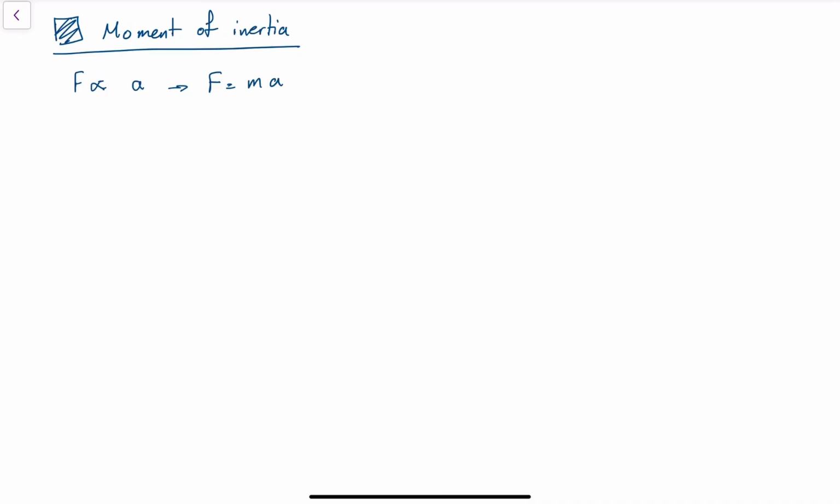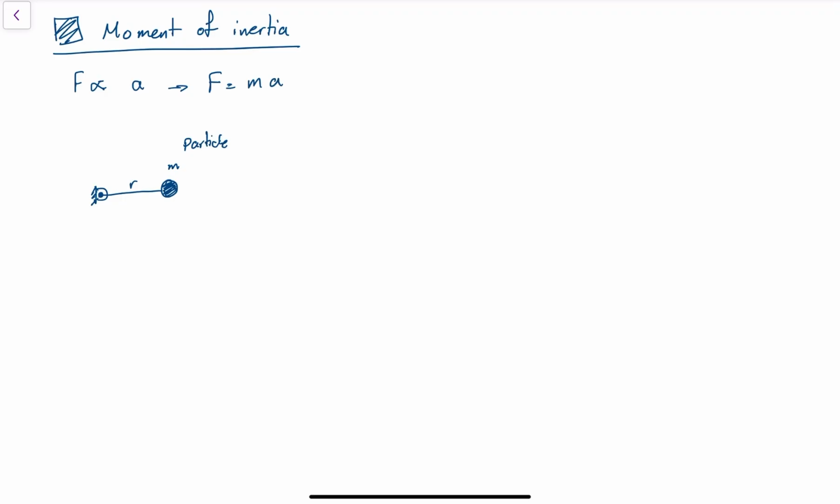Okay, let's see what it is. I will start with a very simple example. Assume right now a particle. This is just a particle with some mass m and some distance r from a fixed point.